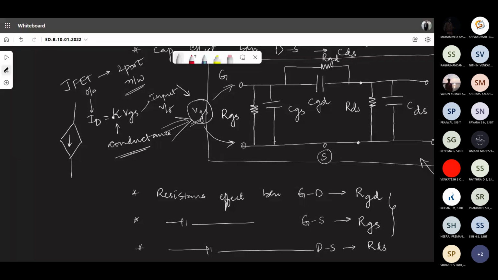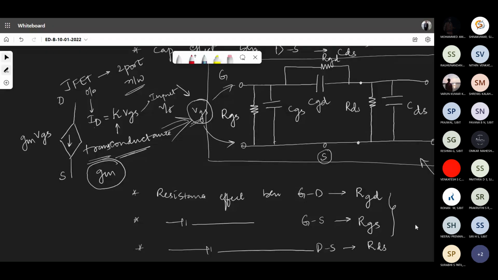So this conductance is the conductance which exists between the input-output parameters. So it is called the transconductance. And the notation that we use for this is GM. So I can represent this current source which gets placed between drain and source as GM times VGS.